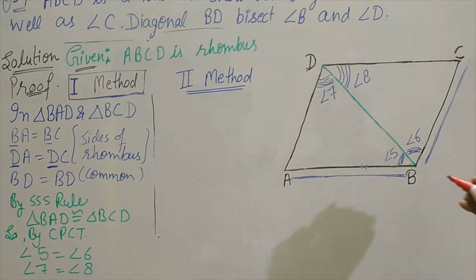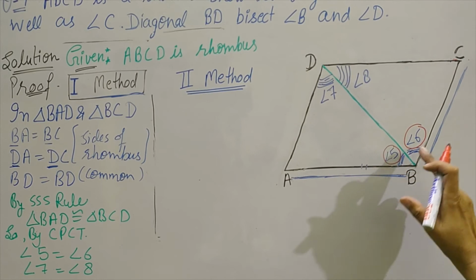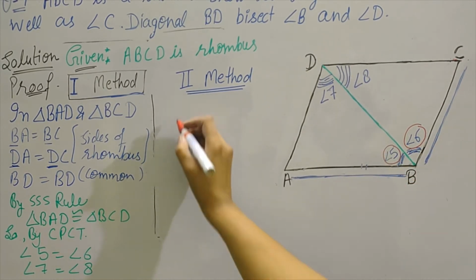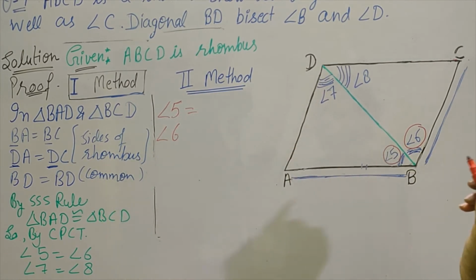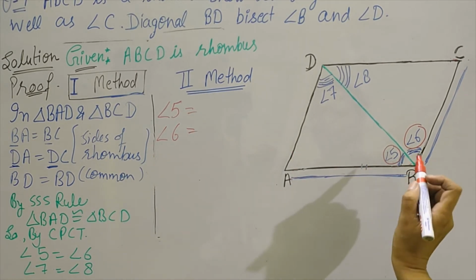Now we want to prove angle 5 and angle 6 equal to each other. We will take the target that we have to make angle 5 and angle 6 equal. So what is the target? Angle 5, angle 6, we will write both equal to one particular angle logically. So angle 5 can be written equal to angle 7.